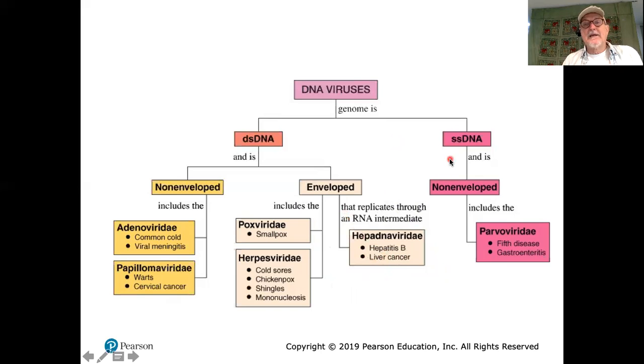But here's something really peculiar. Viruses often pop up these really strange ways of reproducing, and this group of viruses are single-stranded DNA. It's very, very peculiar. It's just one strand. It's what we would regard as being the template strand if you were talking about transcription, translation, etc. They have the equivalent of the template strand with the genes on it, but it's just a single strand, and they are non-enveloped.